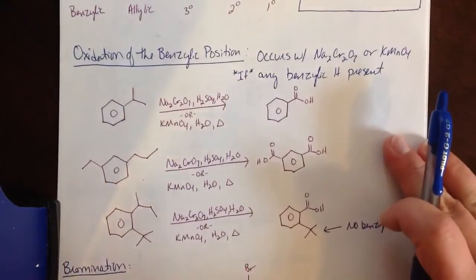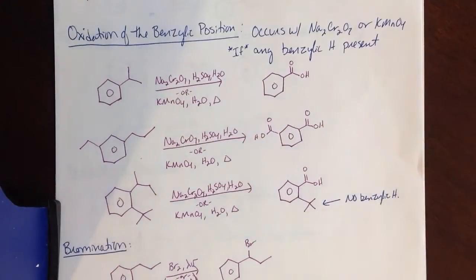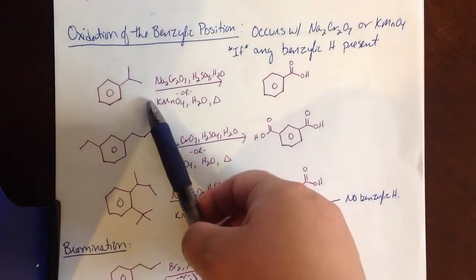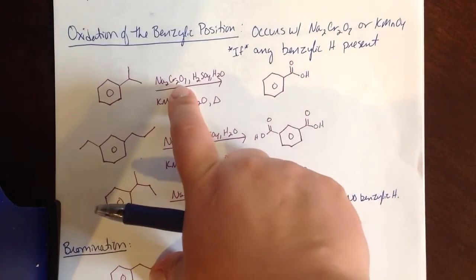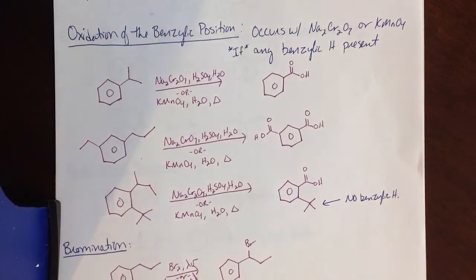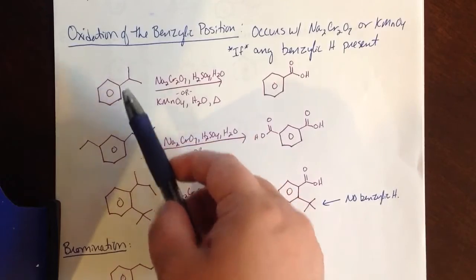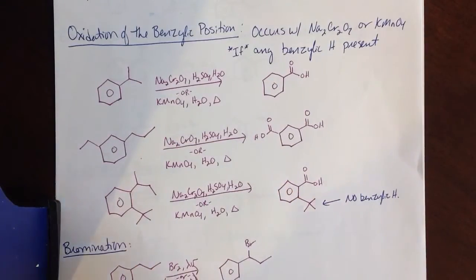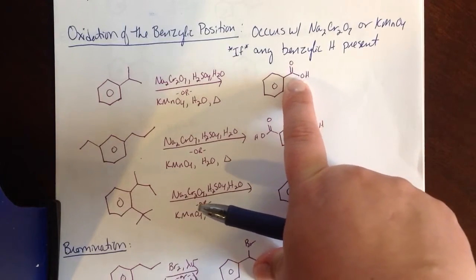So when we start dealing with benzylic position reactions, let's look at the oxidation reactions. You can do this with Na2Cr2O7. The cool thing about this particular reaction is that if there is any benzylic hydrogen there, so in other words, if there's not a carbon that's attached to four things, it will cut off whatever you have here and put down benzoic acid.